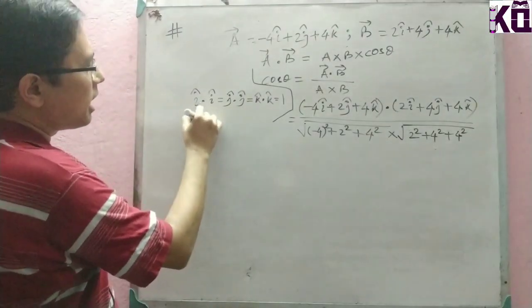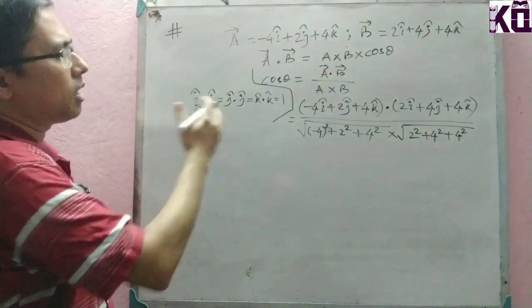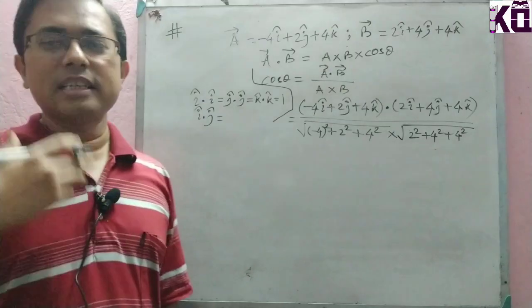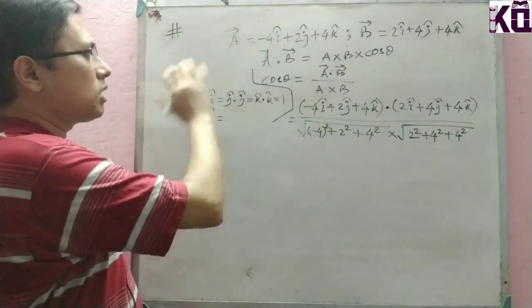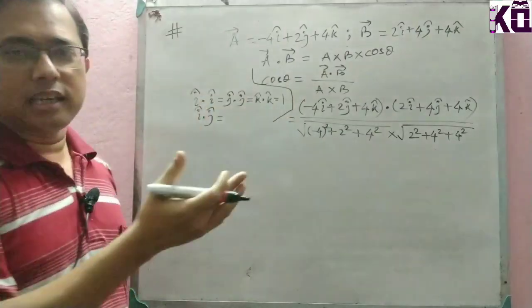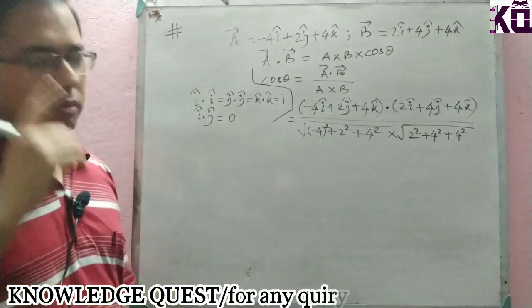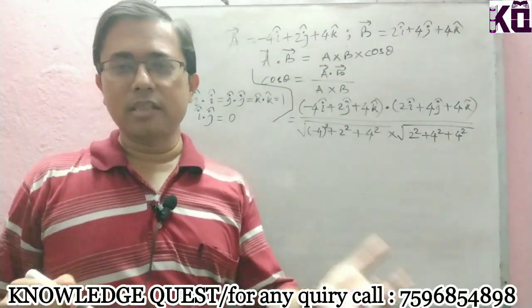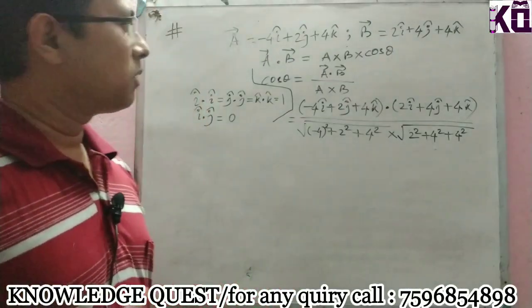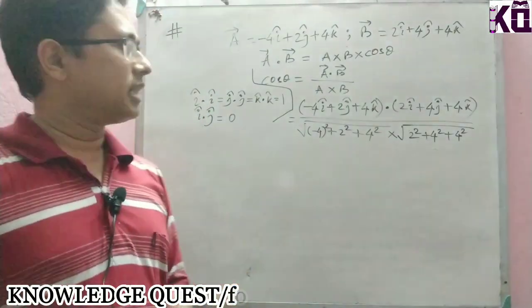And if there is i dot j, j dot k, i dot k, whatever may be the type, that is not the same as i dot i, j dot j and k dot k; except these three, all the values must be equal to 0. We identified this earlier in part 2 of this vector lecture series. You may consult that one, and the link is also given in the description.